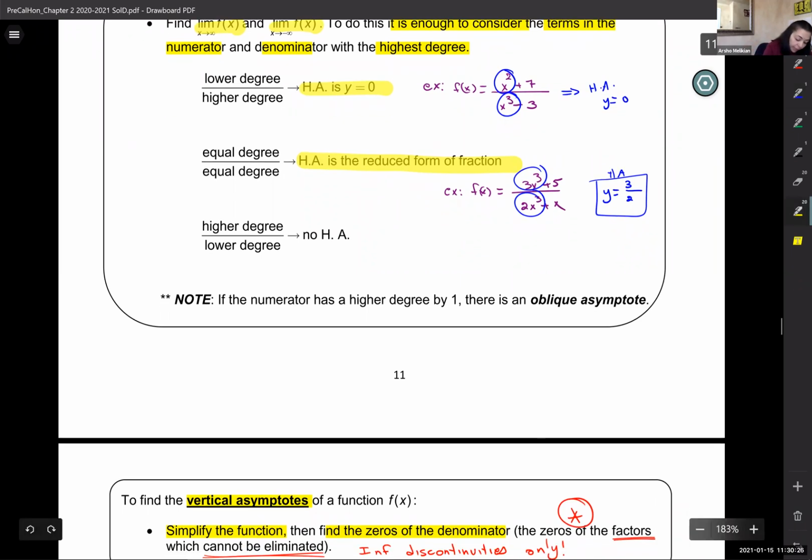Next, if you have a higher degree on top and a lower degree on the bottom, no horizontal asymptote. So for example, if you have 3x to the 4 over 5x squared, no horizontal asymptote. Okay.